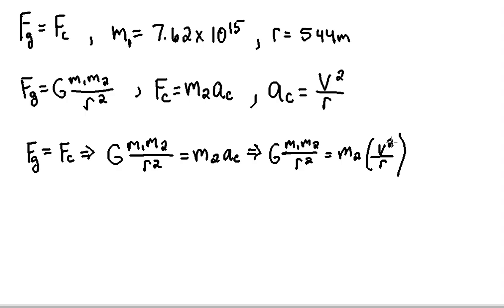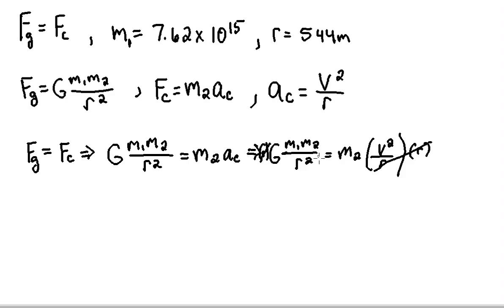Right now v is squared. It's divided by the radial distance between these two masses, and it's multiplied by the mass of the object that's being curved in a path from the attraction of this object and its own inertia. So first thing I would say to do, get rid of this r by multiplying it on both sides. So I need to multiply it over here too. So that's going to cancel that out.